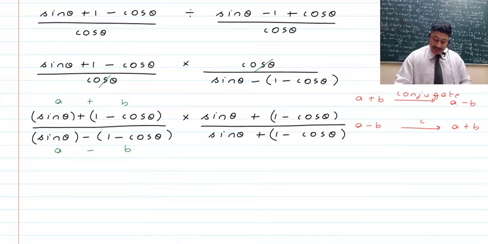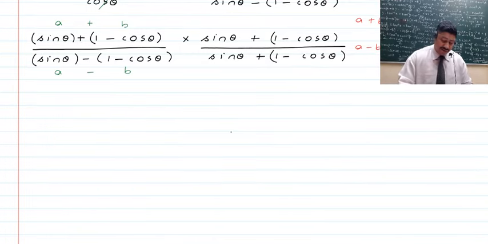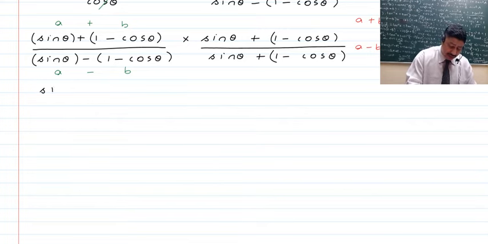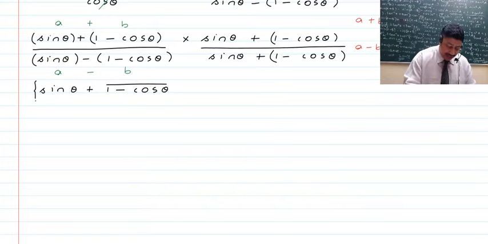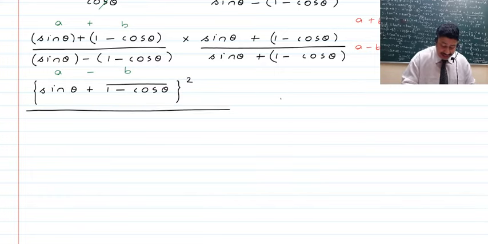Further now, guys, in the numerator we have the square of the term. As such, we can now write this as sine theta plus 1 minus cos theta, which can be kept in a bracket, and then we can write the square of it, as the other term to which it is multiplied is exactly the same.